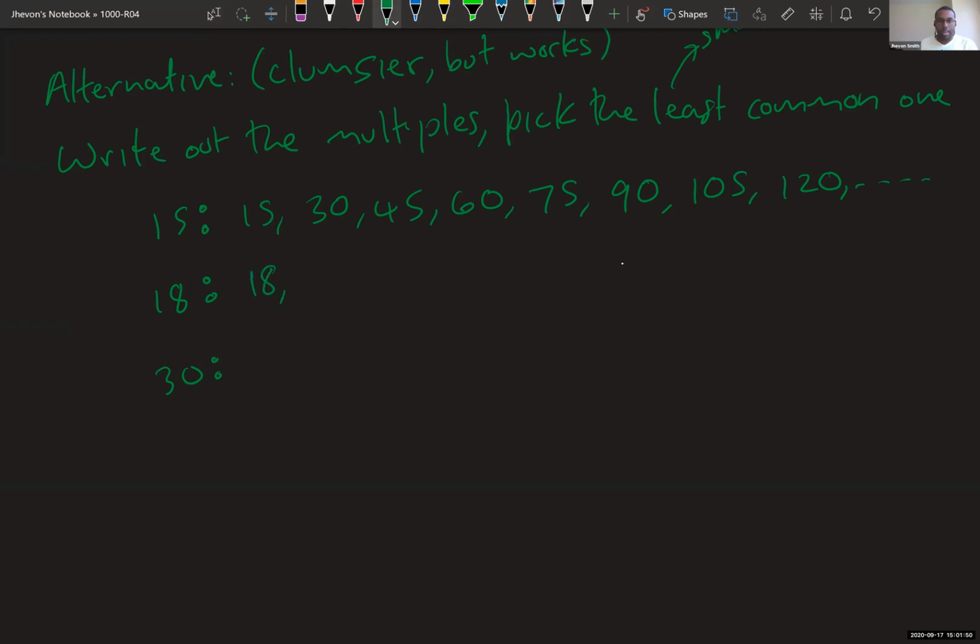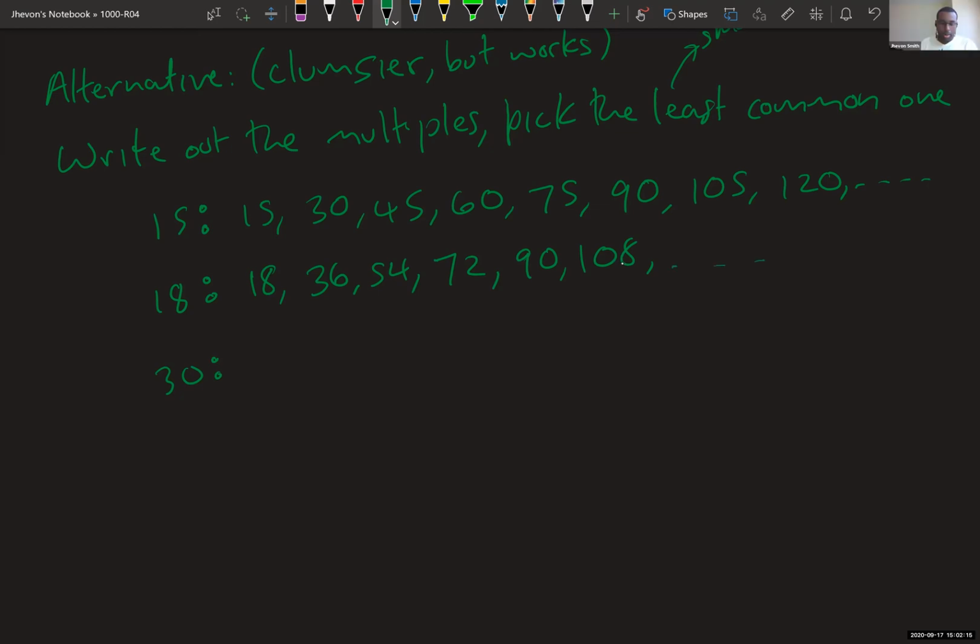There's 18, then 36, then 54, then 72, then 90, then 108.